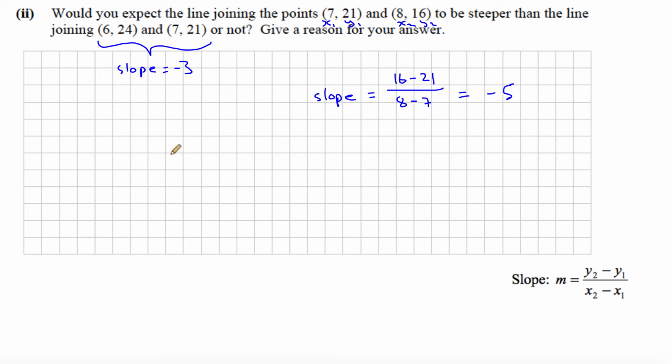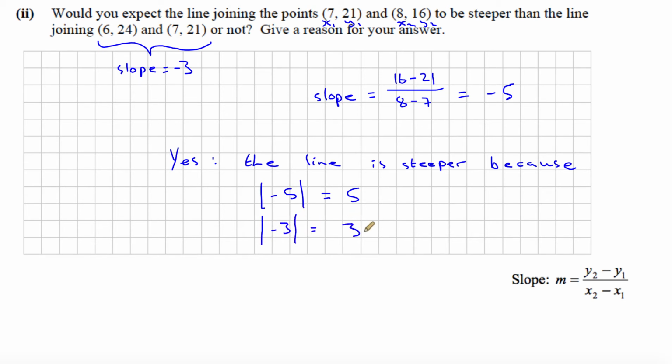So we can say, to answer the question, yes, the line is steeper because the absolute value of -5, which is 5, is greater than the absolute value of -3, which is 3. So that's the end of part 2.